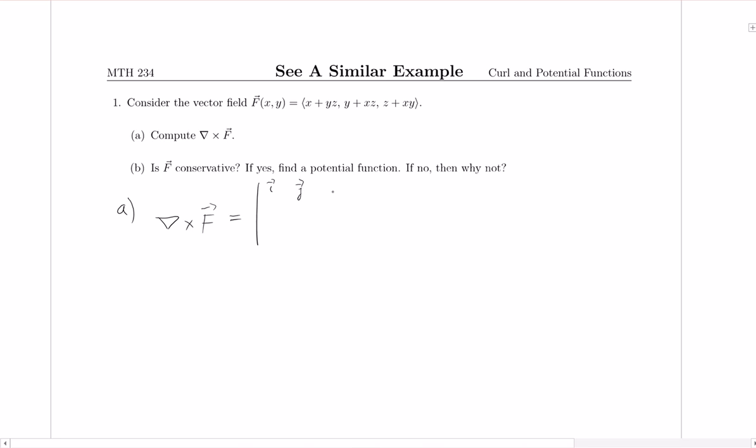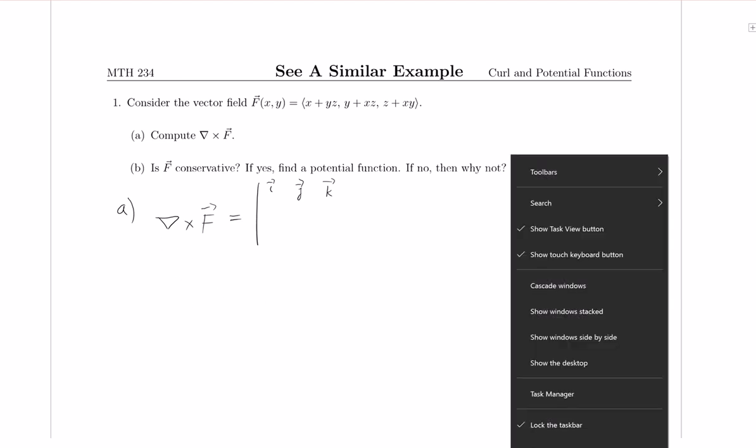The notation is suggestive of the cross product, where we think of this symbol here as being the vector whose components are just the partial derivative symbols. And so that's what we put as the first row in this 3x3 determinant.